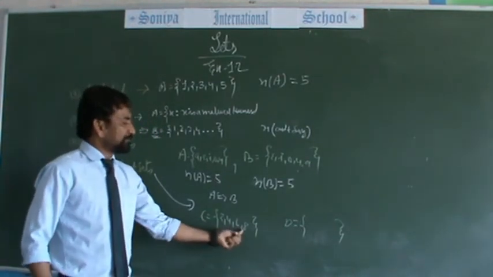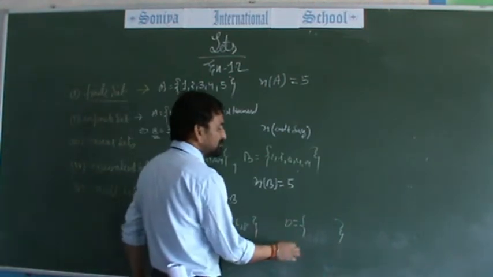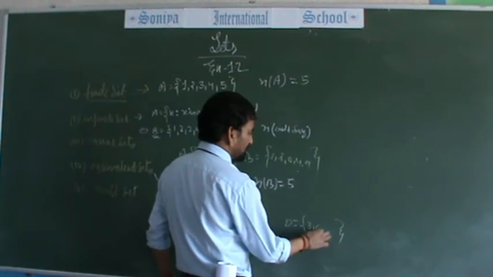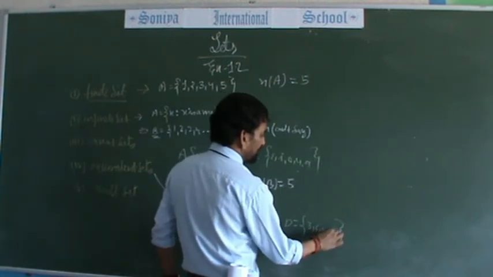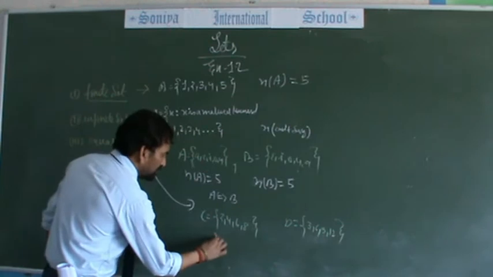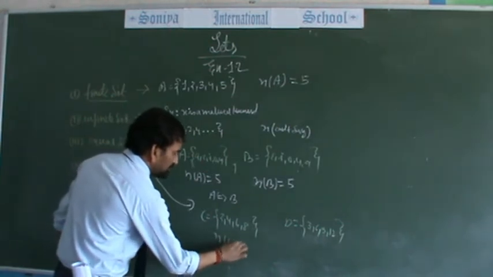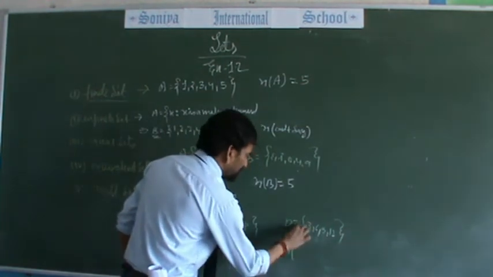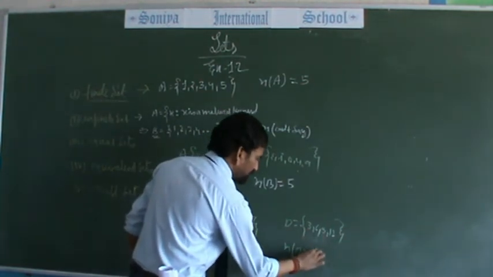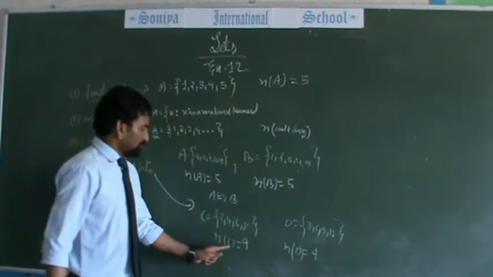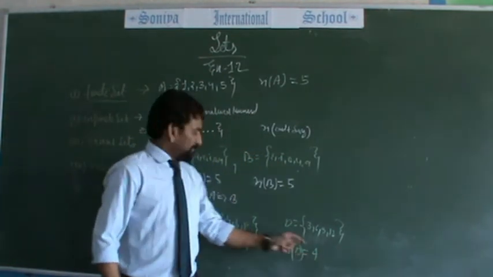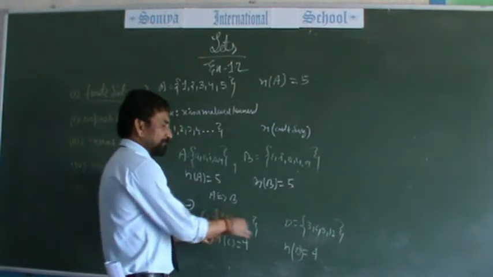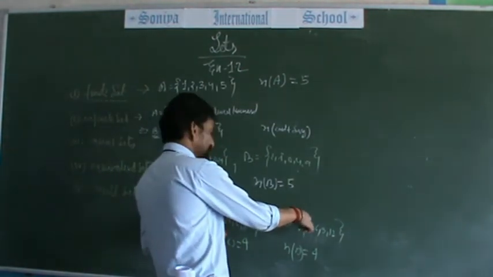Whereas D is the first 4 multiples of 3, so the elements of set D are 3, 6, 9 and 12. The cardinal number for set C is 4, whereas the cardinal number for set D is also 4. Although the cardinal numbers are the same, the elements are different. Here 2 is lying in C but not lying in D.